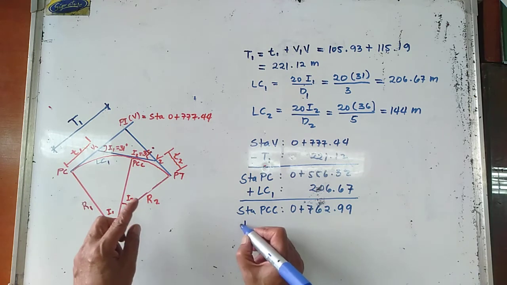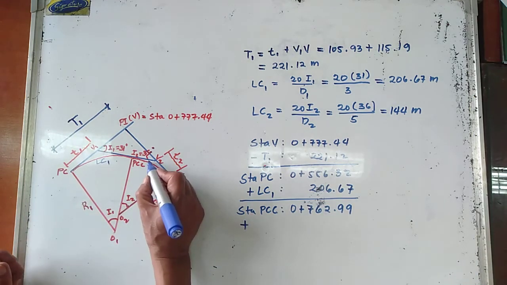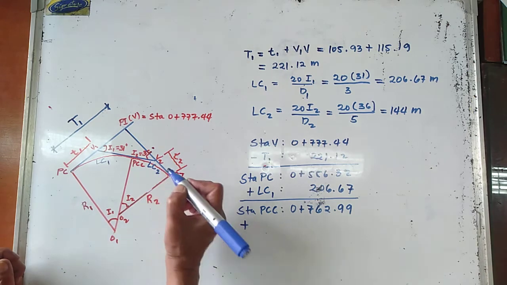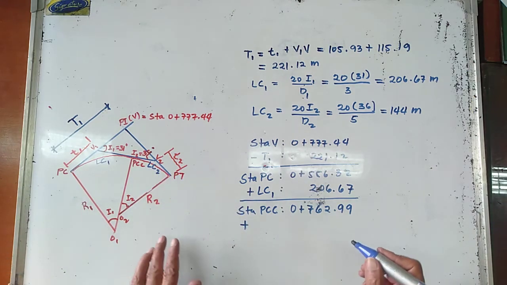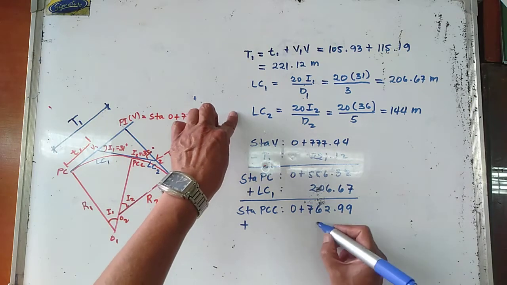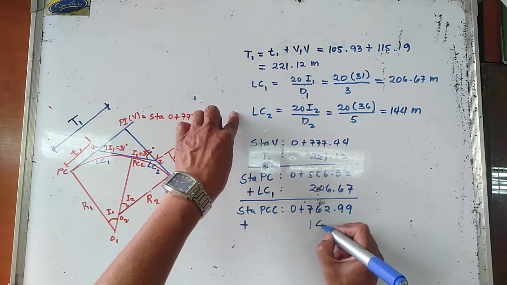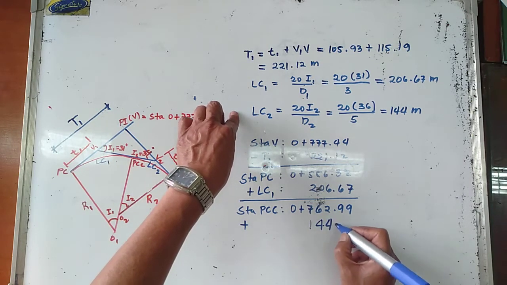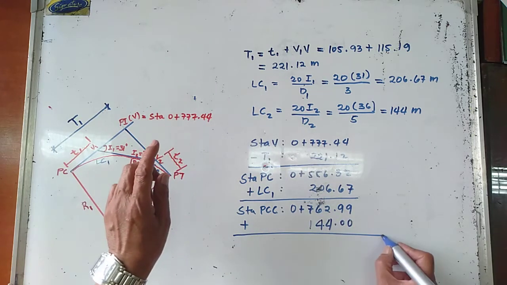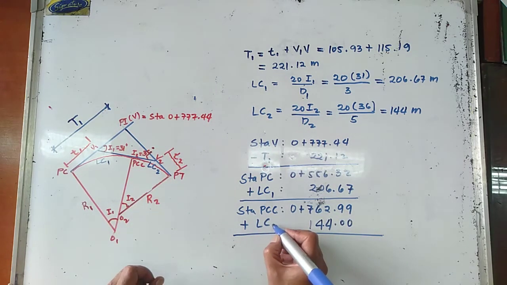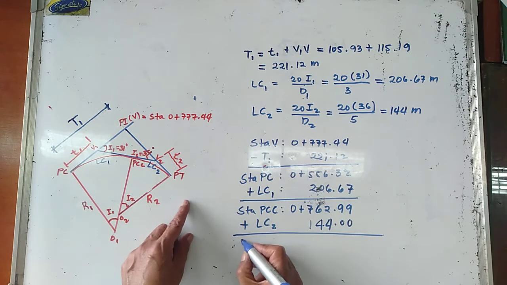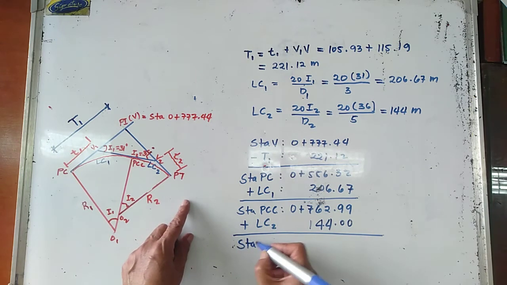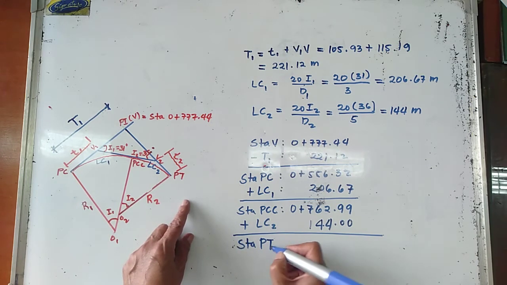Now, adding LC2, the length of the second simple curve, which is 144, then that is now your station PT.